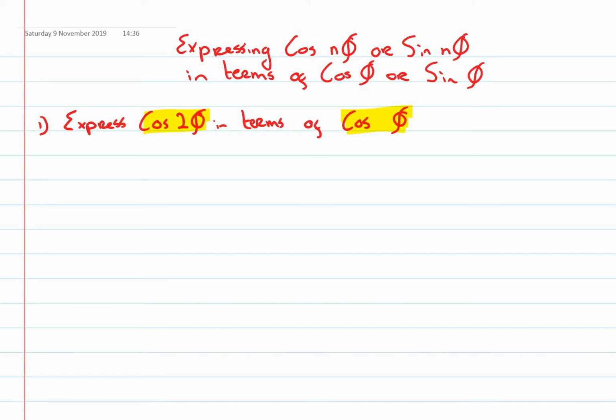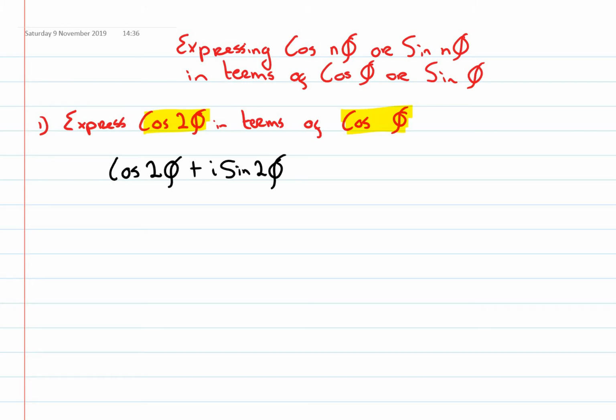The first thing I do here, and I always stick to this method, is if I'm asked about cos something theta, in this case cos 2 theta, I will write out the cos 2 theta, but I'll also write in the sine equivalent.